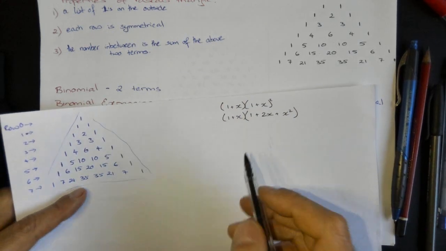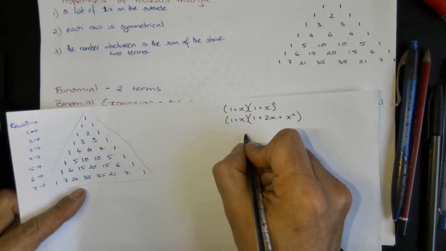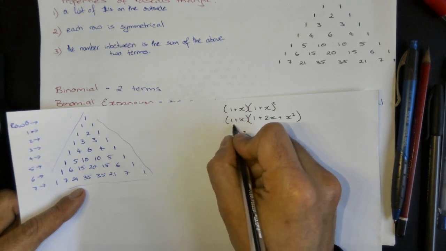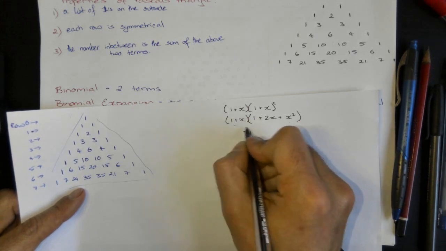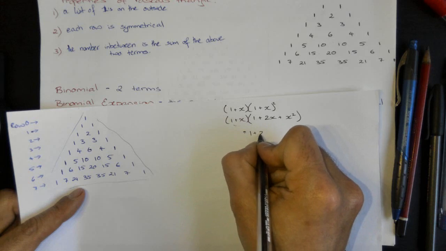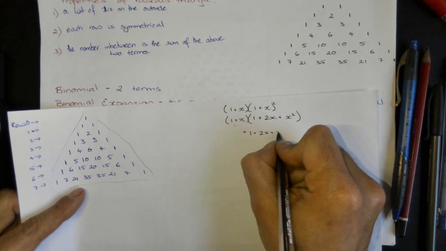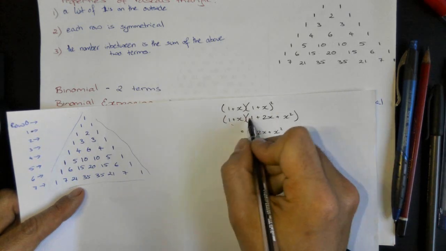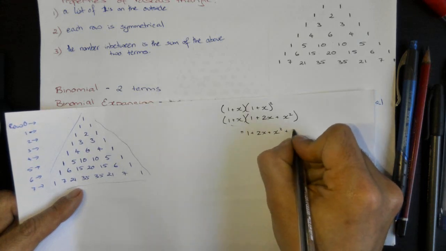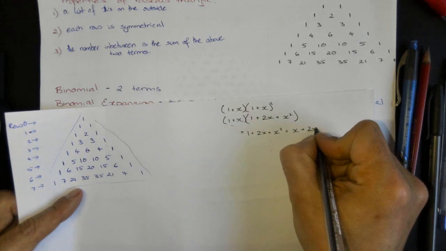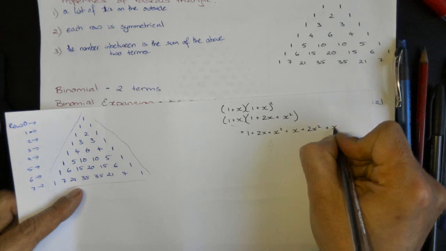So if I expand all this out, I get 1 times 1 plus 2x plus x squared, that's multiplying that all by 1. And then we're going to multiply it by x. So we've got x plus 2x squared plus x cubed.